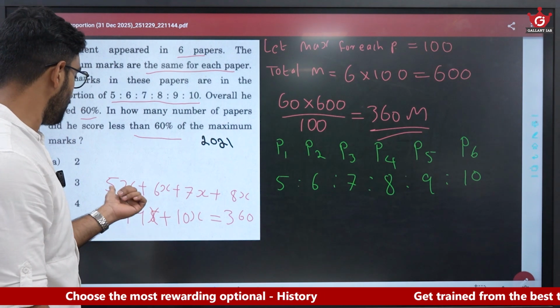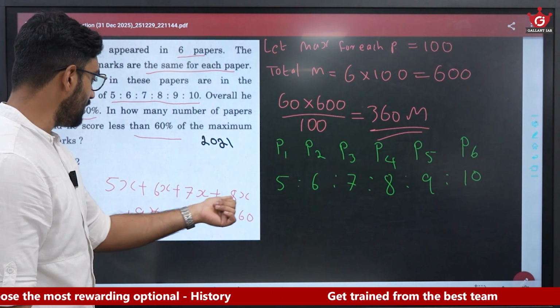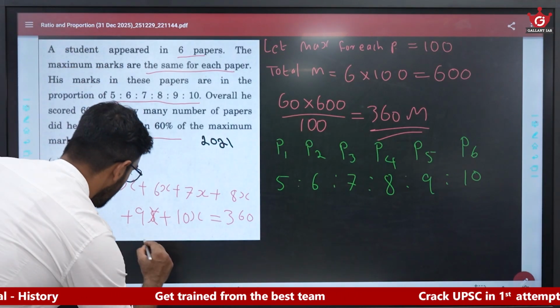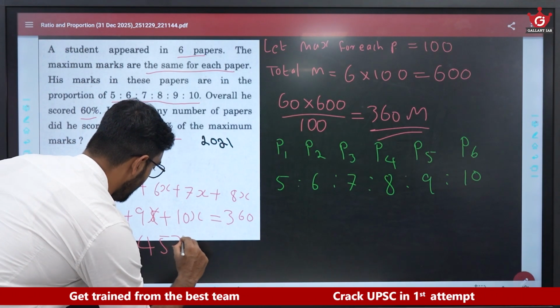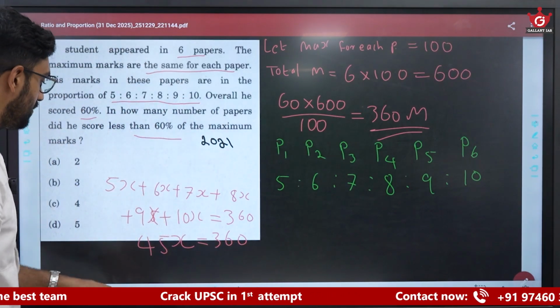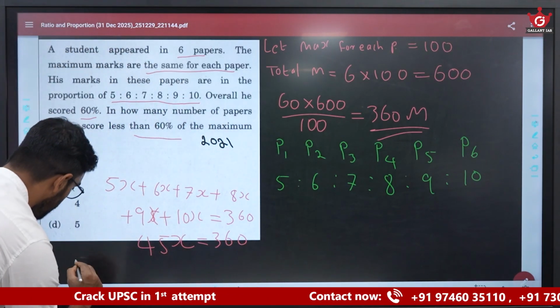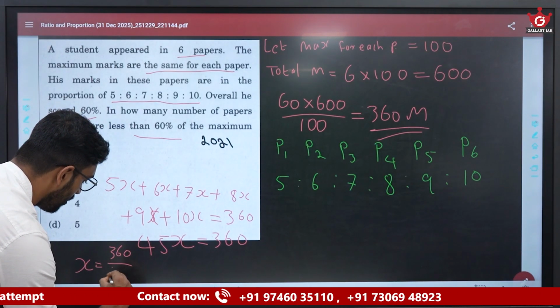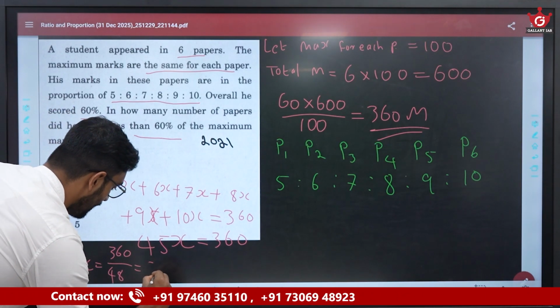Adding all this, 5x plus 6x is 11, 18, 26, 35, 45. So 45x is equal to 360, which means x is equal to 360 divided by 45, which is equal to 8.